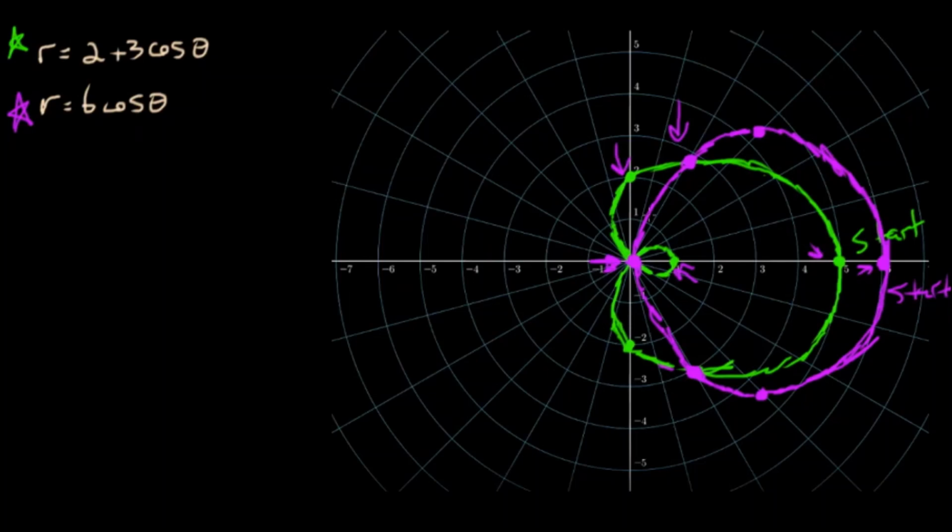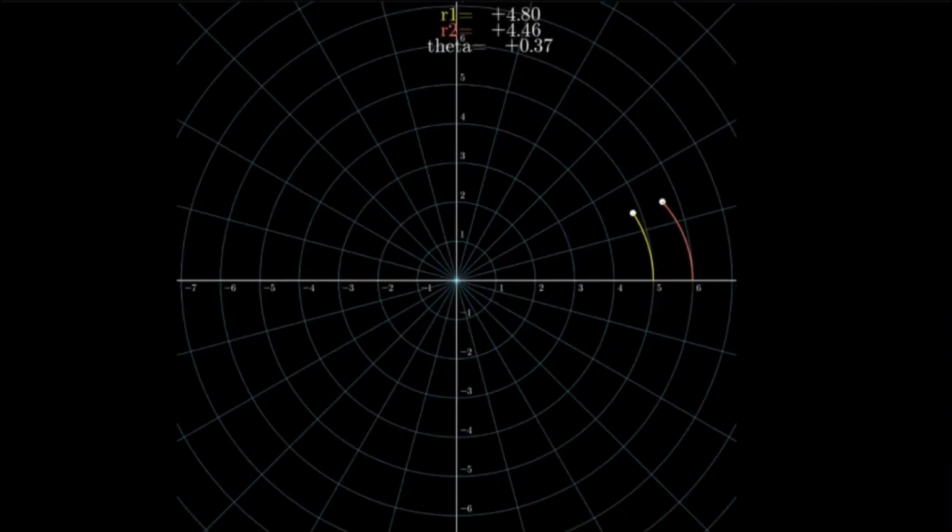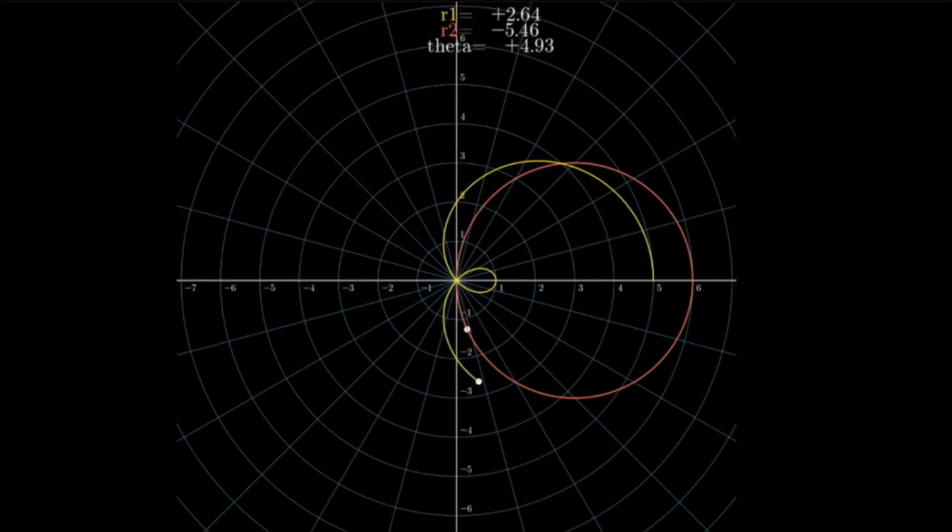Let's look at an animation. See, they start at the same spot, and boom, they collide right there. But they do not collide at the pole. They are not getting to the pole at the same time. That circle is making a second revolution. And then, once again, they don't collide at the pole, but right there they do collide. Those are our two solutions.